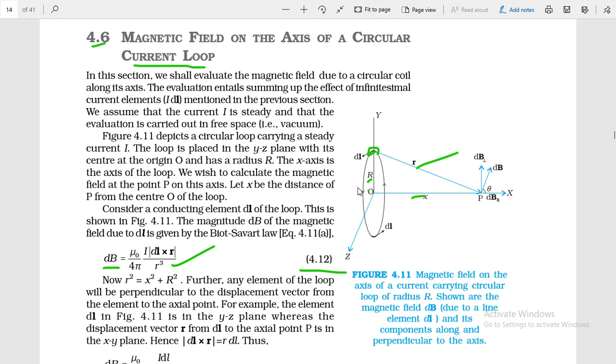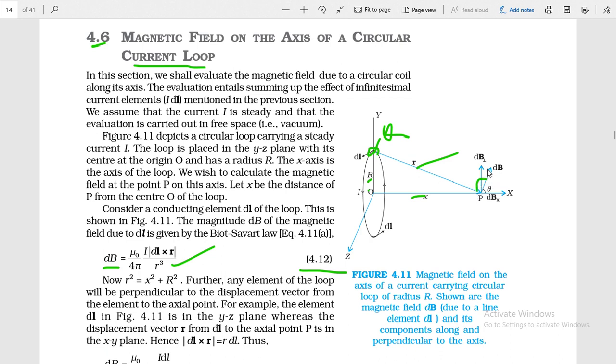The magnetic field due to this element dl at point P is perpendicular to this line. If this point is considered as Q, the magnetic field at point P due to this element dl must be perpendicular to the line QP.